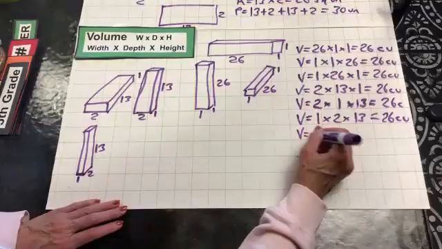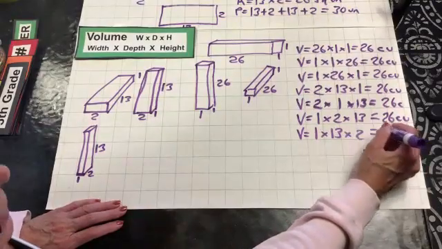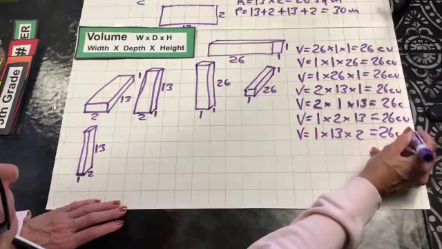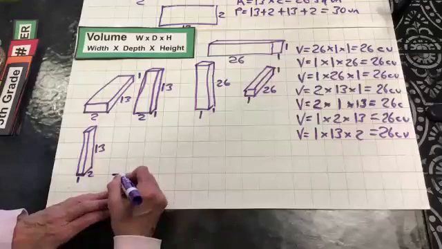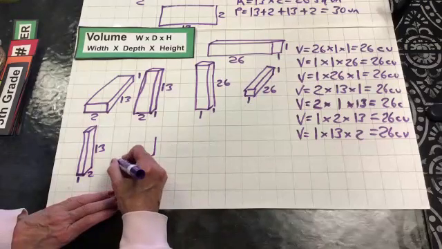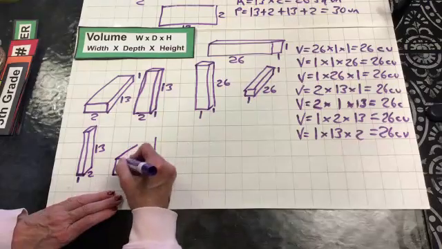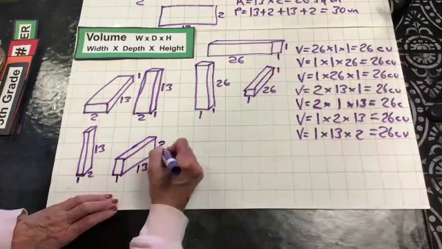So let's do the other one, which would be a 1 by 13 by 2. So again, 1 by 13 by 2.